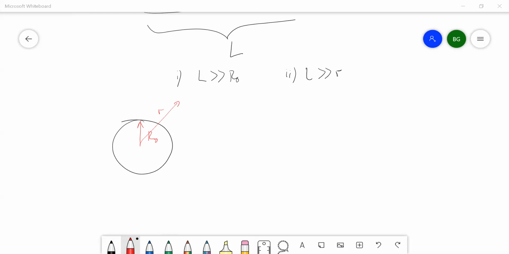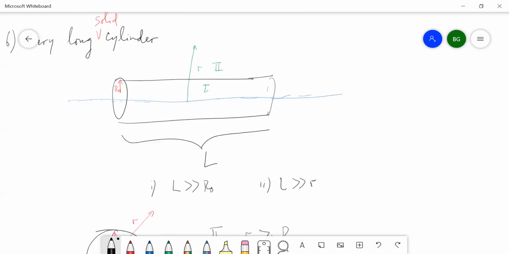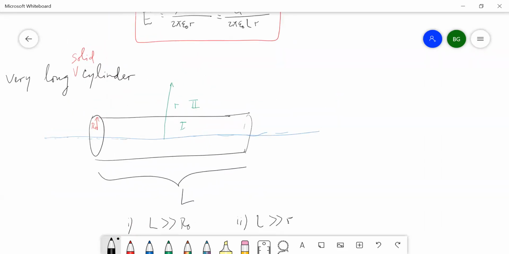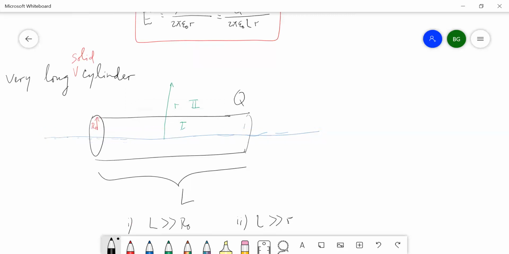So for the second region, where R is greater or equal to capital R0, the same as the previous one, this is Q, the charge distributed uniformly in the solid cylinder.